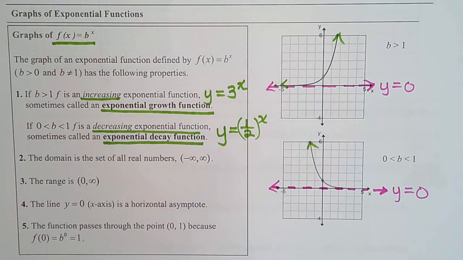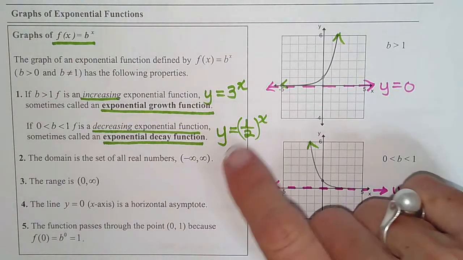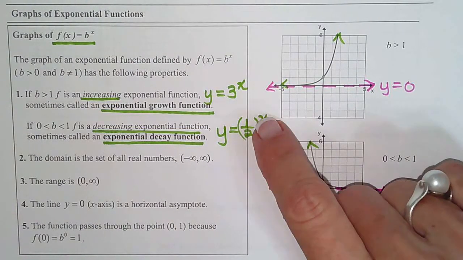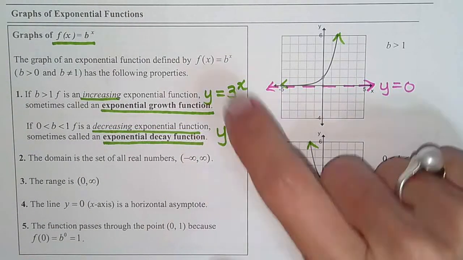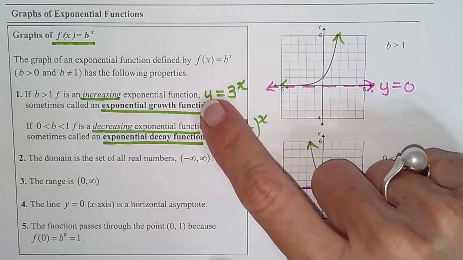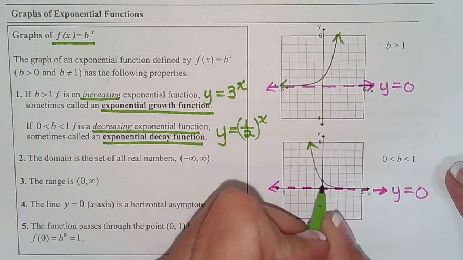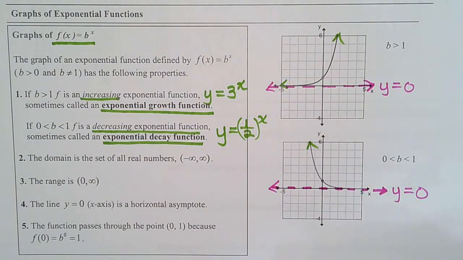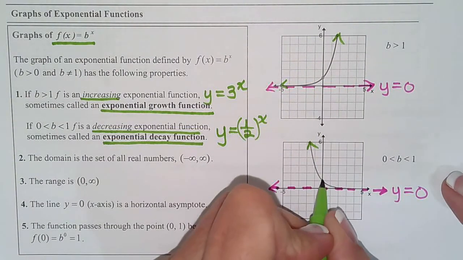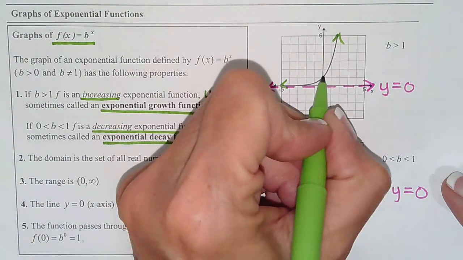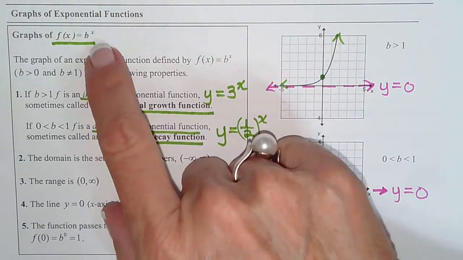The function passes through the point (0, 1). How do we know that? Well, what's 1/2 to the 0? 1. What's 3 to the 0? 1. So you have to remember some of those exponent rules from chapter 4. Anything to the 0th power is 1. So the point (0, 1) will always be on the graph, and that's saying there's no shifting.